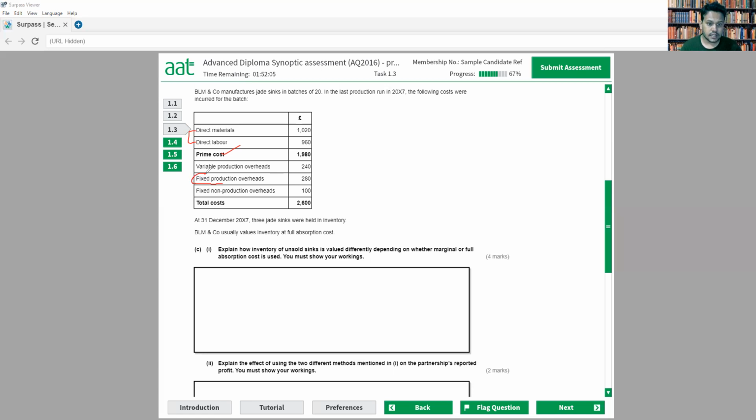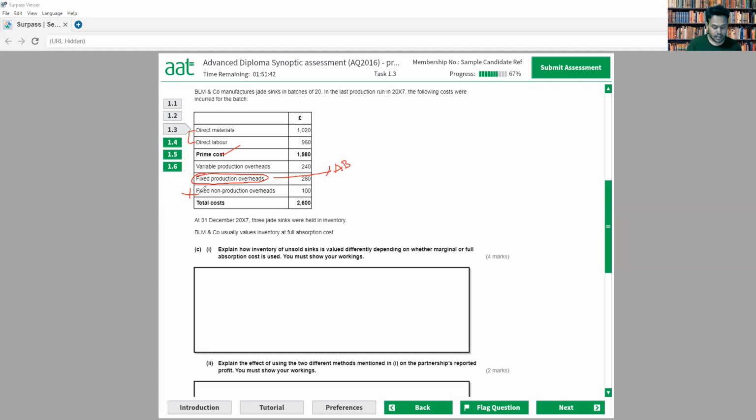So we only consider this one on absorption costing, not with marginal costing. But this one you're not going to consider anyway, because it's a non-production overhead. So none of this would be considered for marginal or absorption. So you're not going to use it because it's a selling and distribution cost.